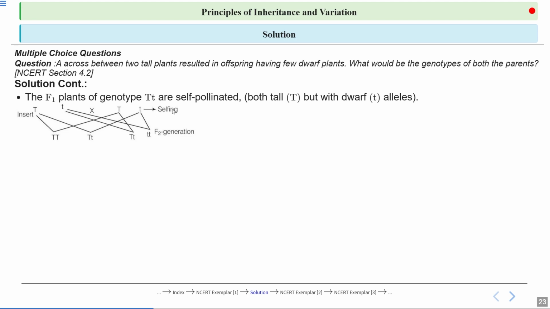Clear? So you will get the following generations. You are getting only one small t small t. So this is a 3:1 ratio. The phenotypic ratio here will be 3:1. One dwarfed only.